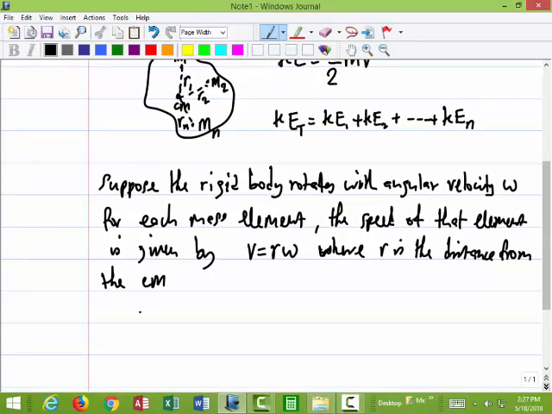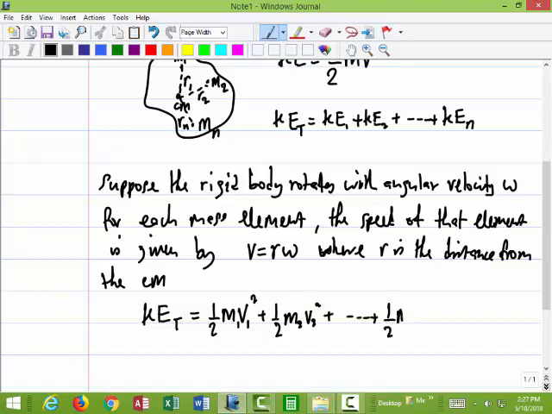So that we can say that the kinetic energy total is equal to kinetic energy 1, which is half m1 v1 squared plus half m2 v2 squared plus half mn vn squared.